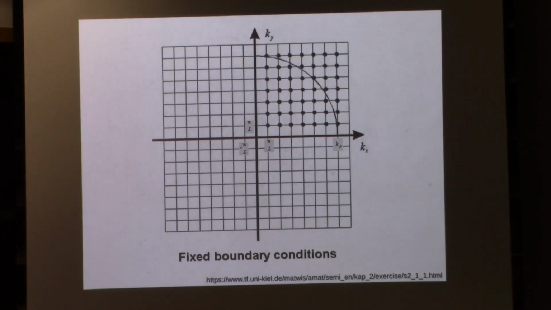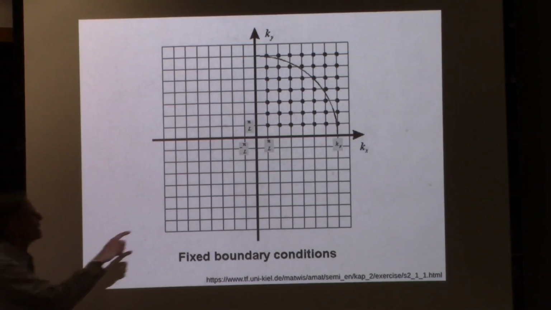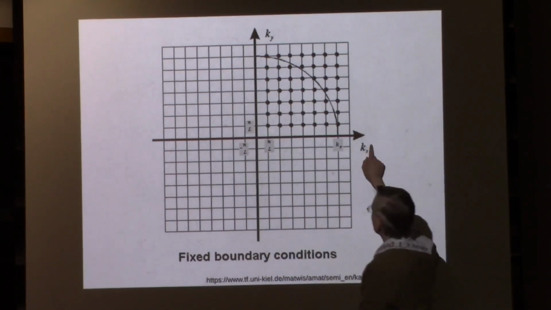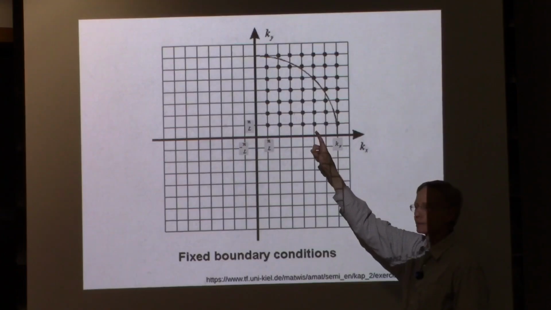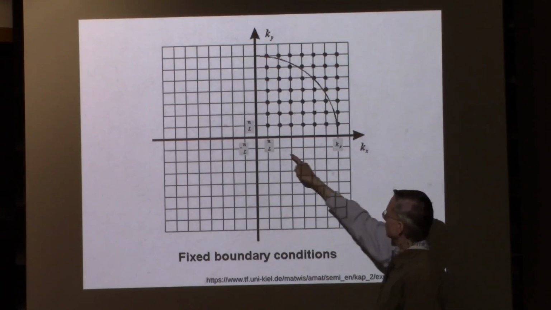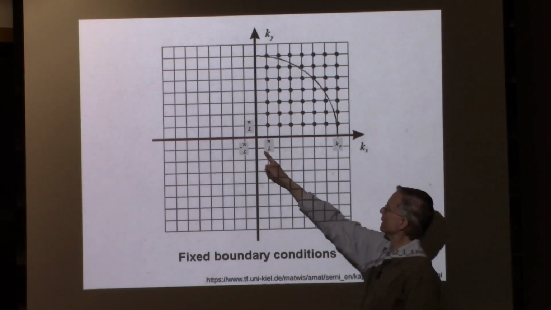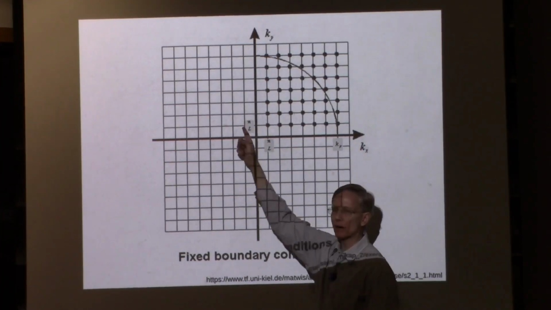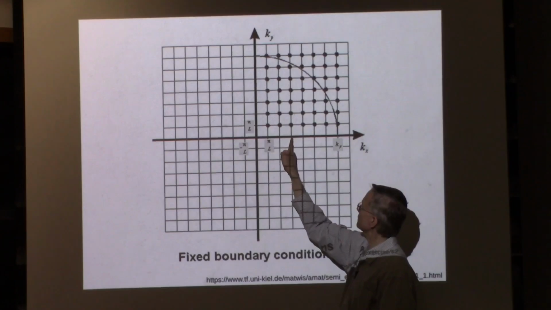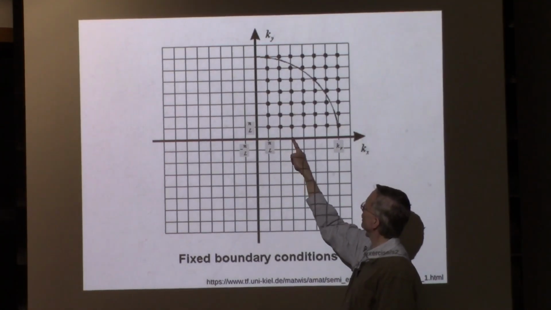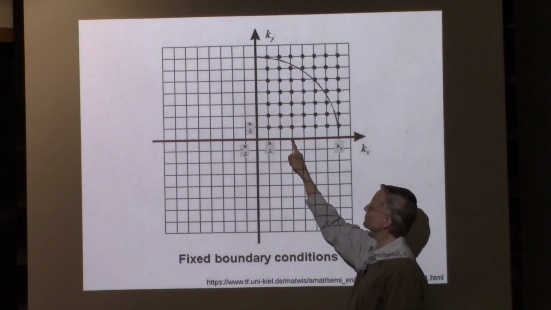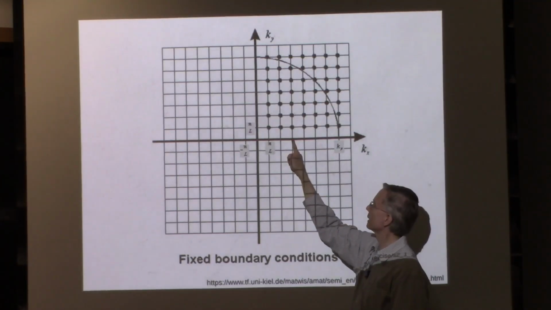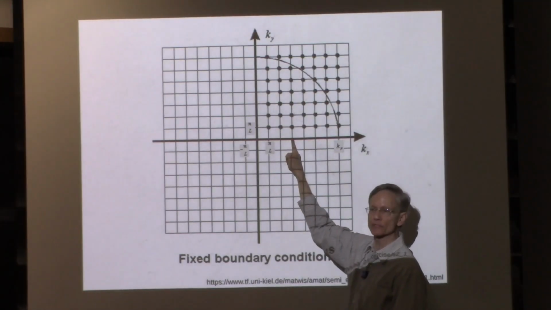So just to make it easier to draw, we've got the two-dimensional version here, k sub x, k sub y. You can't be along the axes. Why can't I be on the kx axis or the ky axis? Why can't I be at this point right here where k sub x is equal to 0, k sub y is equal to 0?